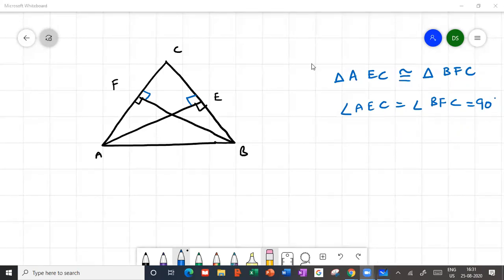Okay, yeah. Somebody was saying angle C will be common. Correct. Yeah, I can use that. And I can also use this property. Which property am I talking about? This one. AC is equal to BC because it's an isosceles triangle, isn't it? AC is equal to BC.